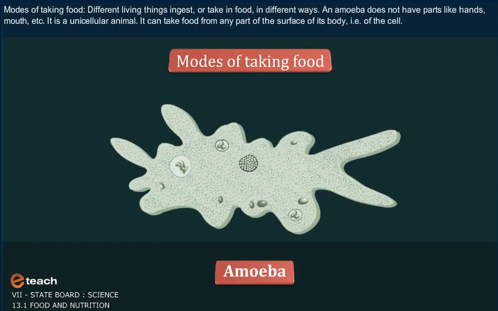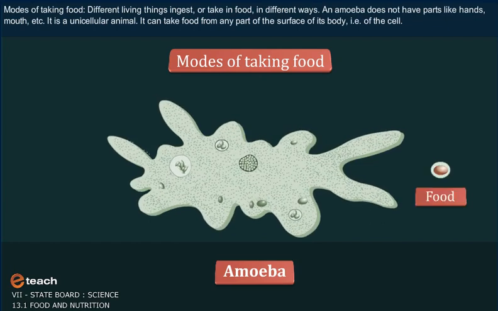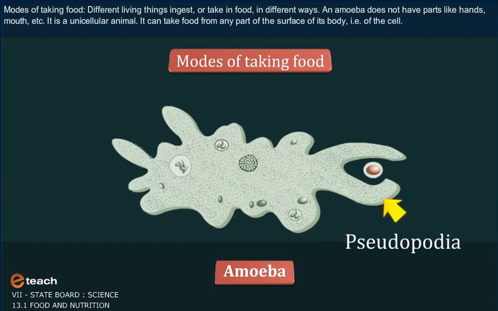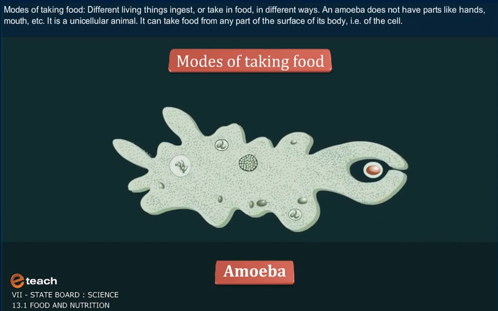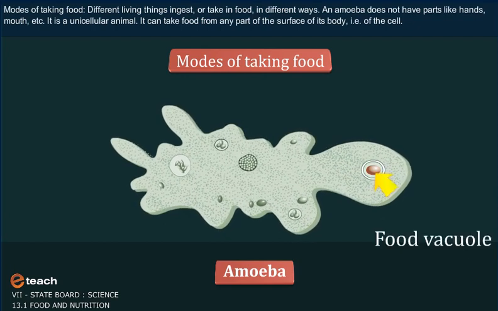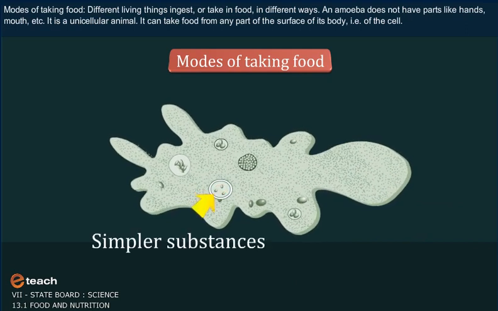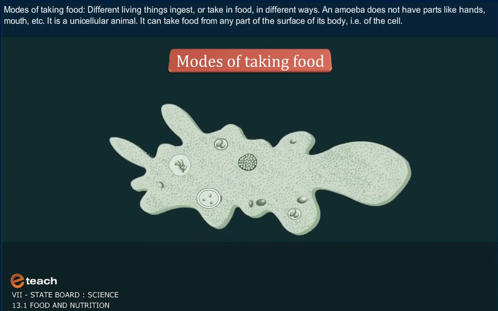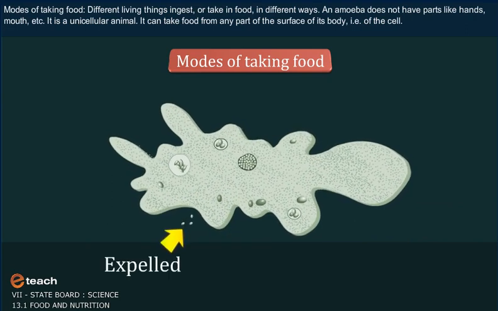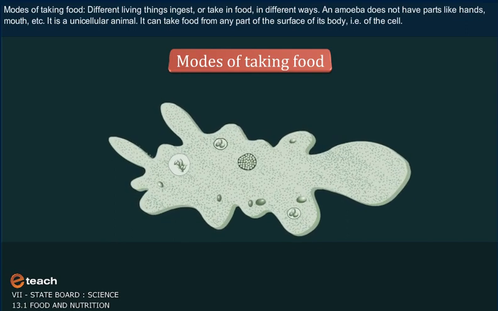Modes of taking food. Different living things ingest or take in food in different ways. An amoeba does not have parts like hands, mouth, etc. It is a unicellular animal. It can take food from any part of the surface of its body, that is, of the cell.